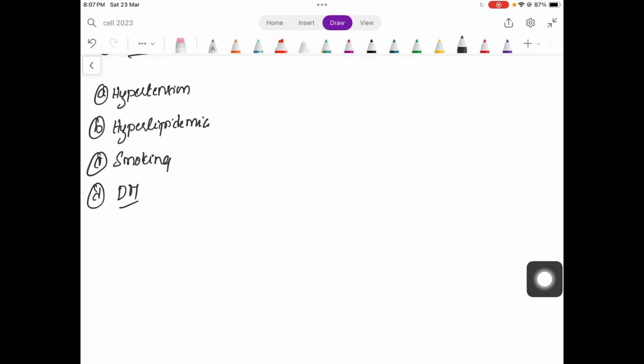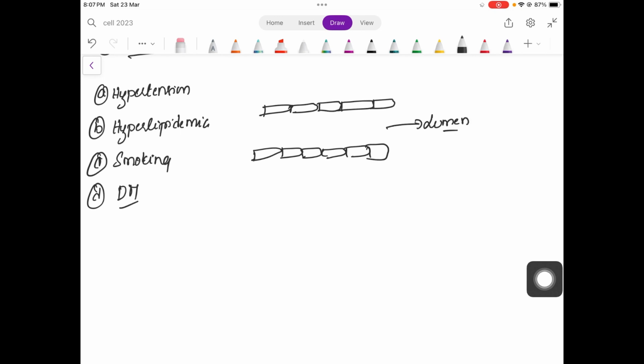These conditions will cause endothelial injury. This is the endothelium and this is the lumen, where the blood flows and LDL is present.